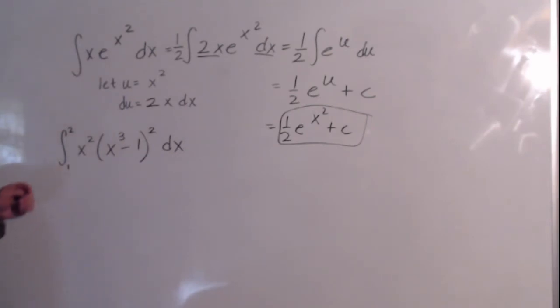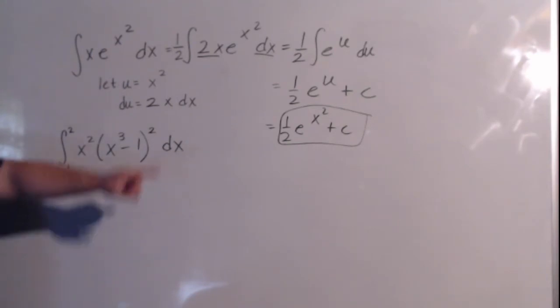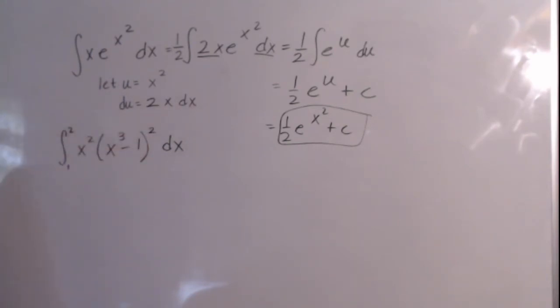So the thing you should notice is now I have bounds, right? So when I start adding bounds, I no longer get any plus c's.